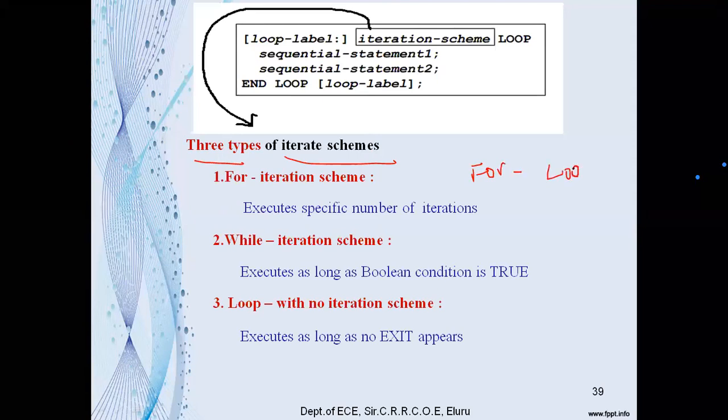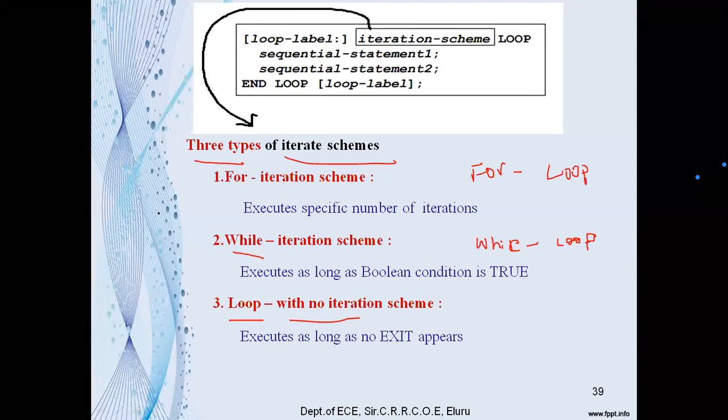We will see the syntaxes separately. For loop, and the other one is the while loop. And the third iteration scheme in the loop statement is a simple loop, a loop with no iteration scheme.